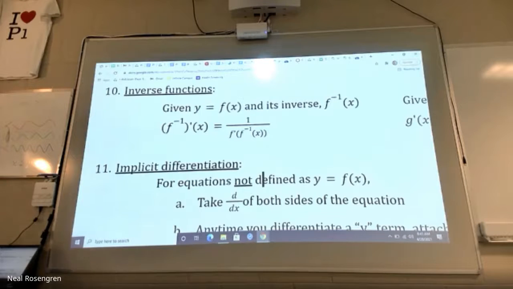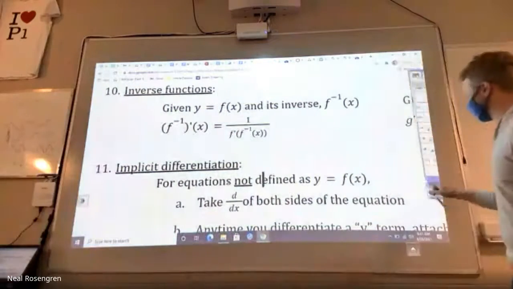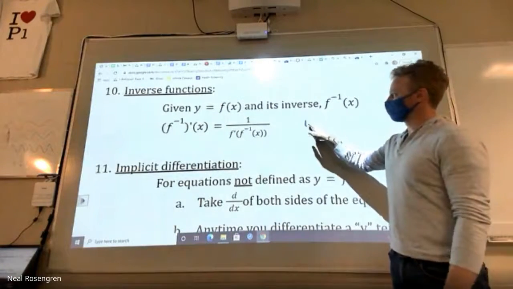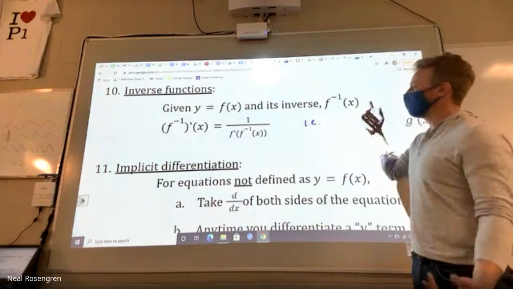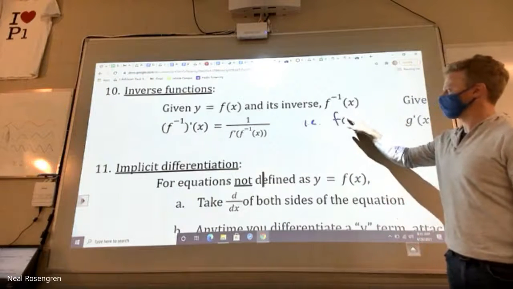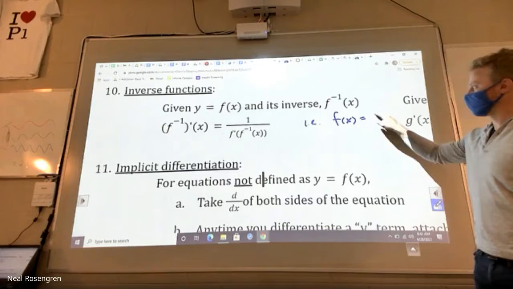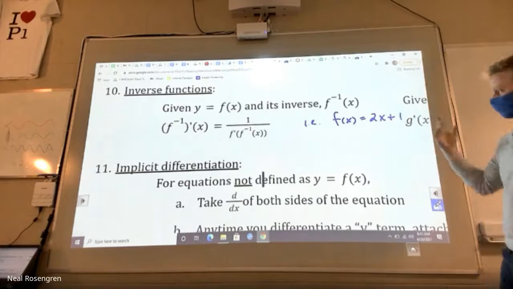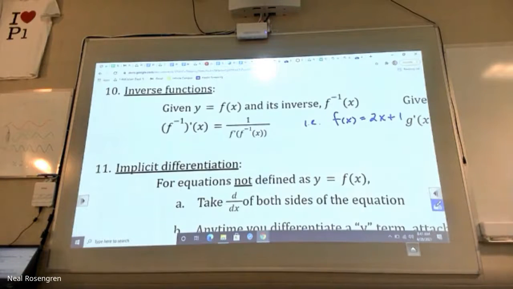So for example, in case you want to jot this down, if we had some function f of x, and we'll keep it simple, like 2x plus 1. We wanted to figure out what the derivative of the inverse is without actually finding the inverse and taking its own derivative.